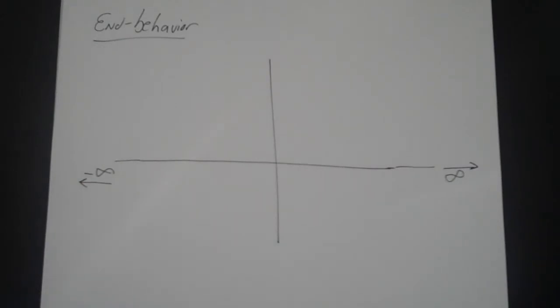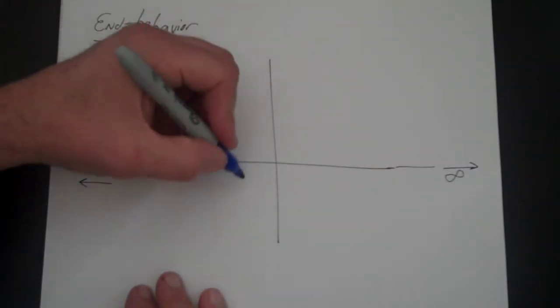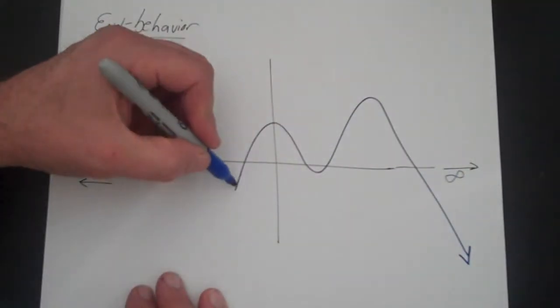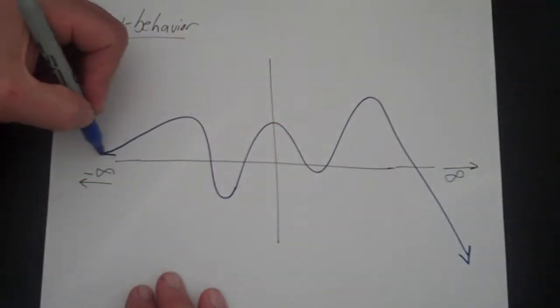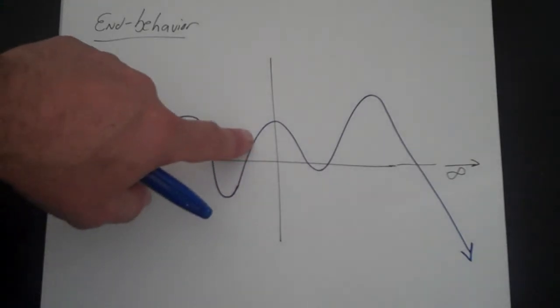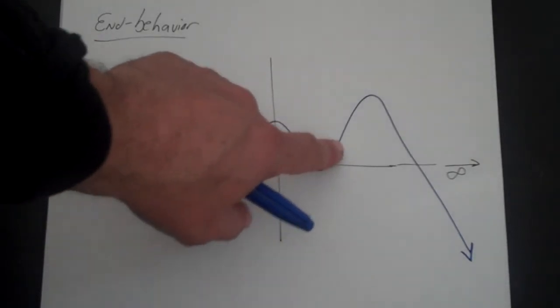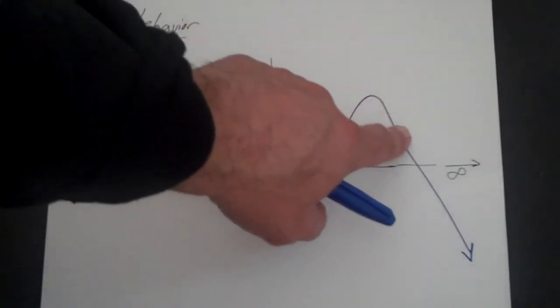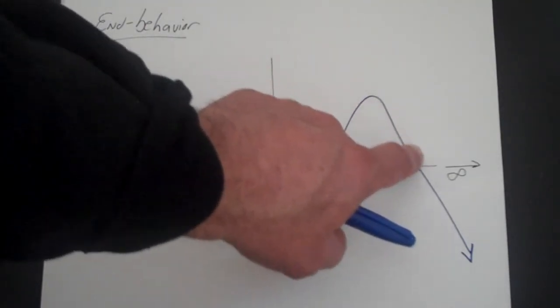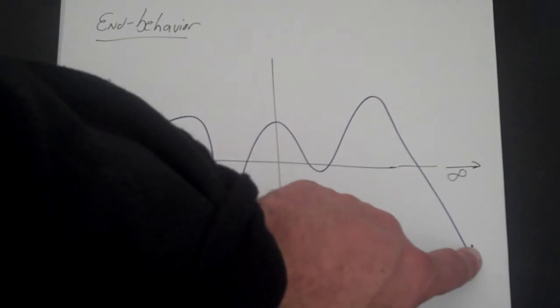So let's draw just a generalized graph of a function. If we talk about the end behavior of this function, what we simply do is follow this function as x gets larger and larger, and if at some point the function tends toward doing a certain thing, then that's the end behavior.